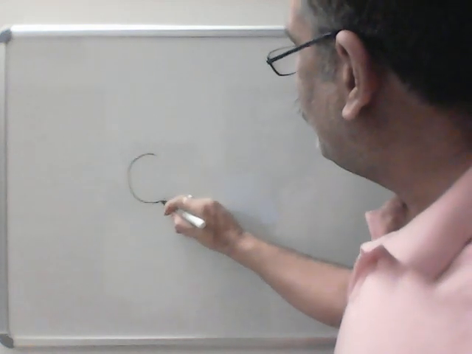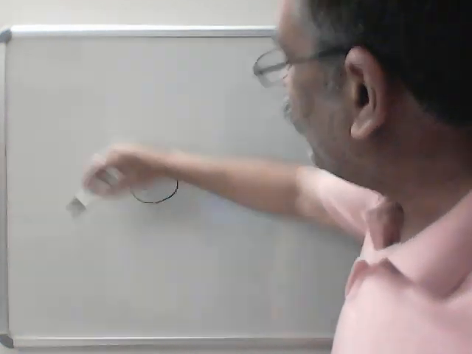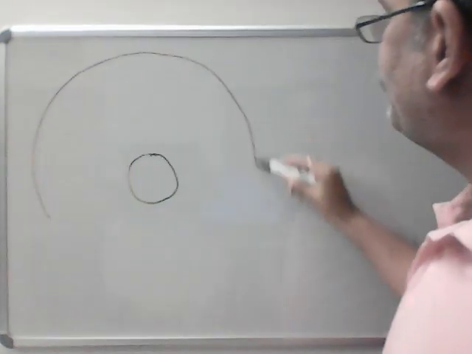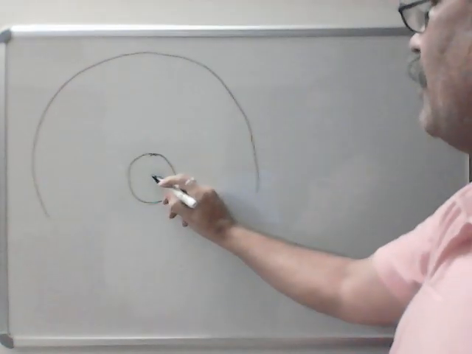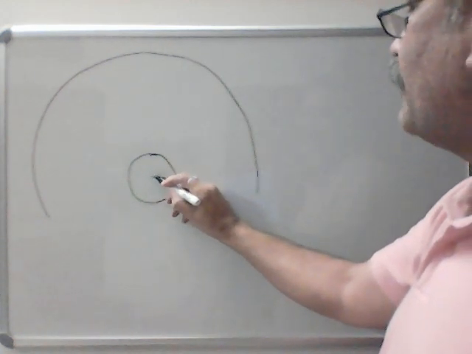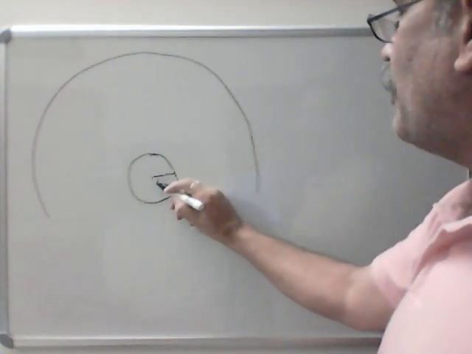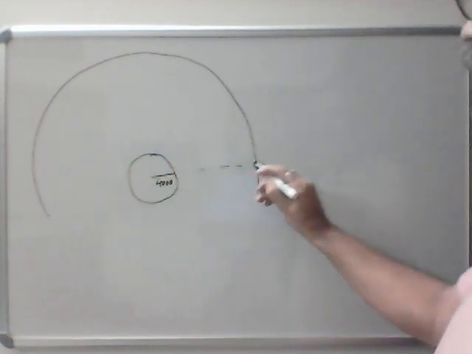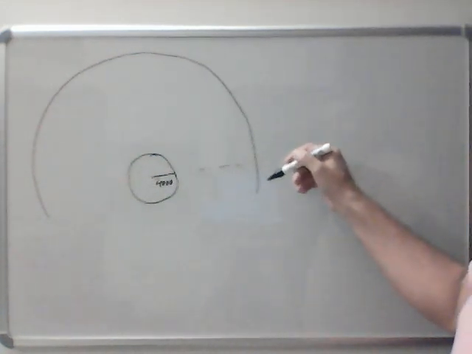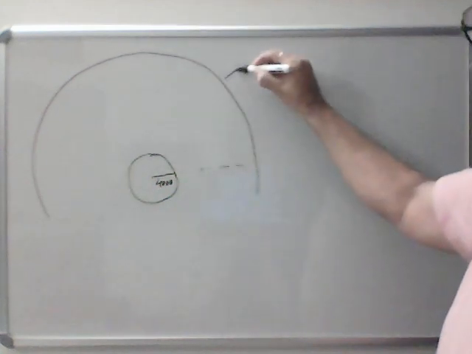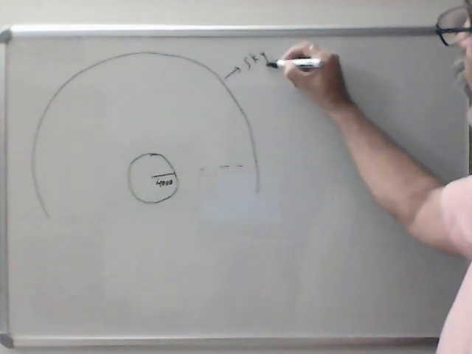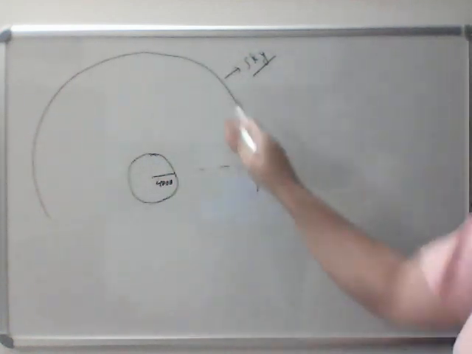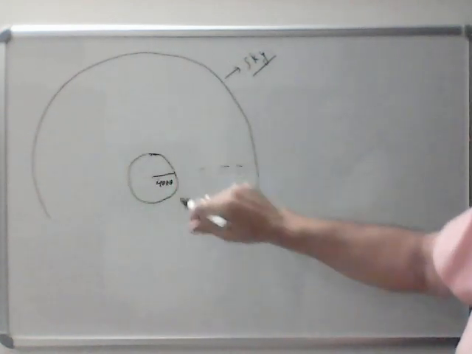This is the Earth, and you have a celestial sphere parallel to the Earth. Radius of Earth is about 4,000 miles. And what is the radius of the celestial sphere? This celestial sphere is basically the sky, which looks like a sphere parallel to the surface of the Earth.